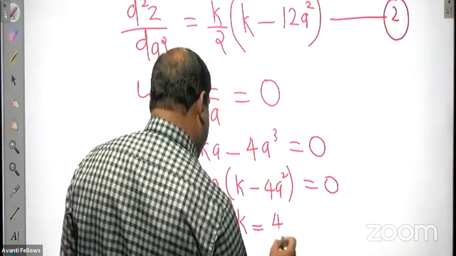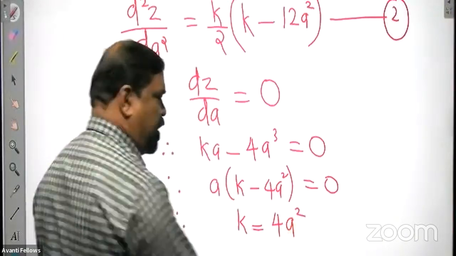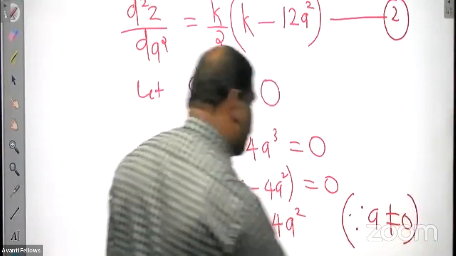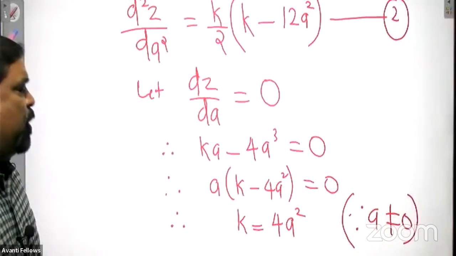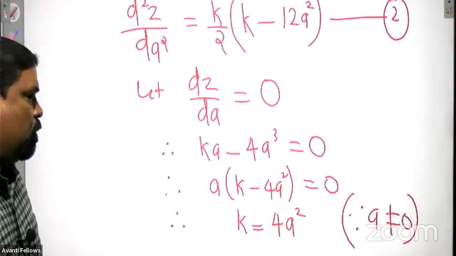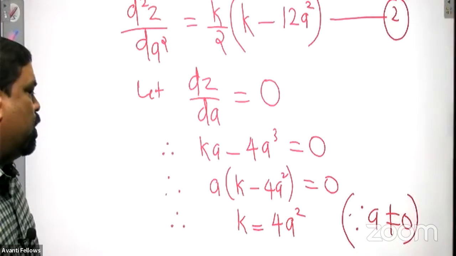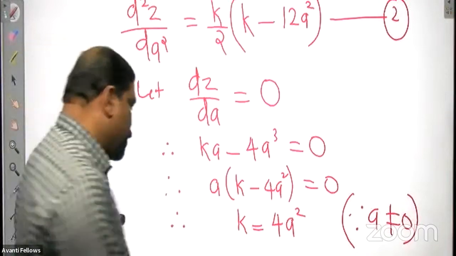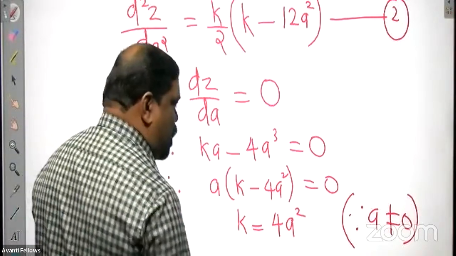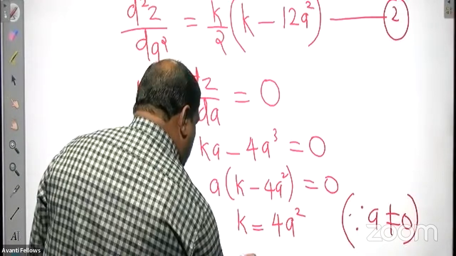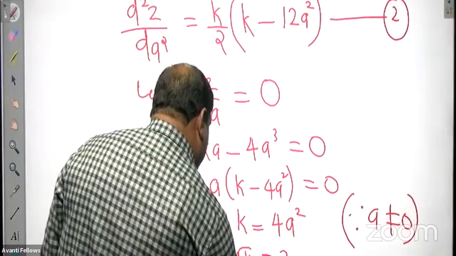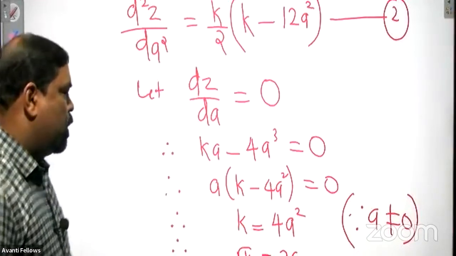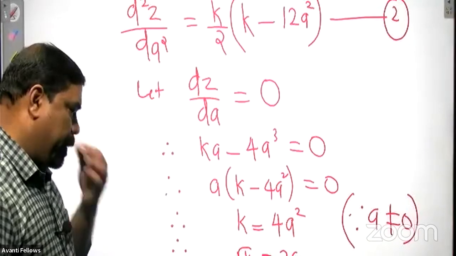Second term 0 means k must be equal to 4a square. Or you can write root k is equal to 2a. That is not necessary, but we can write it.